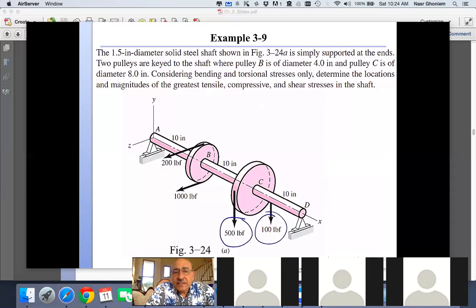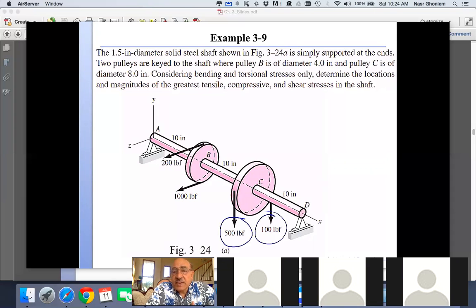So these are possibilities. In this one, I have a torque that is caused by pulleys, and the pulleys have tension on the two sides. One side has to carry higher force than the other side, otherwise the pulley is not going to spin. So usually the tight side has much higher tension than the loose side. In some cases, as in one of the homework assignments, the loose side is given as a fraction of the tight side.